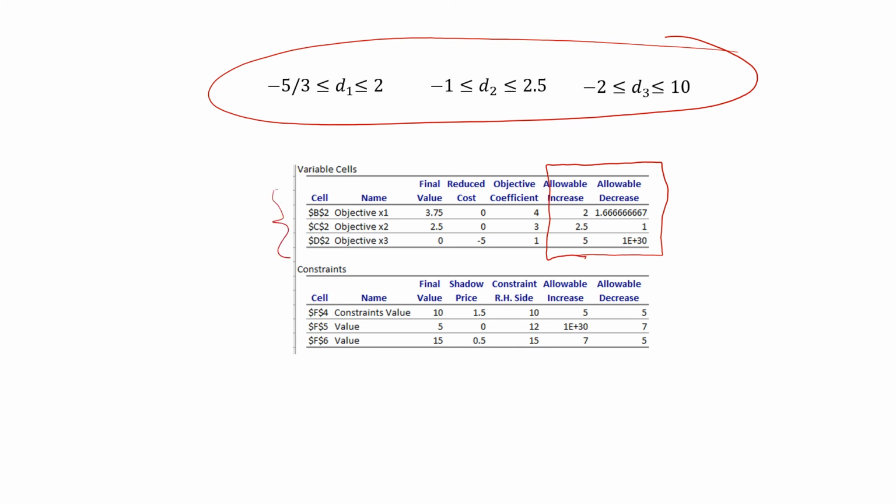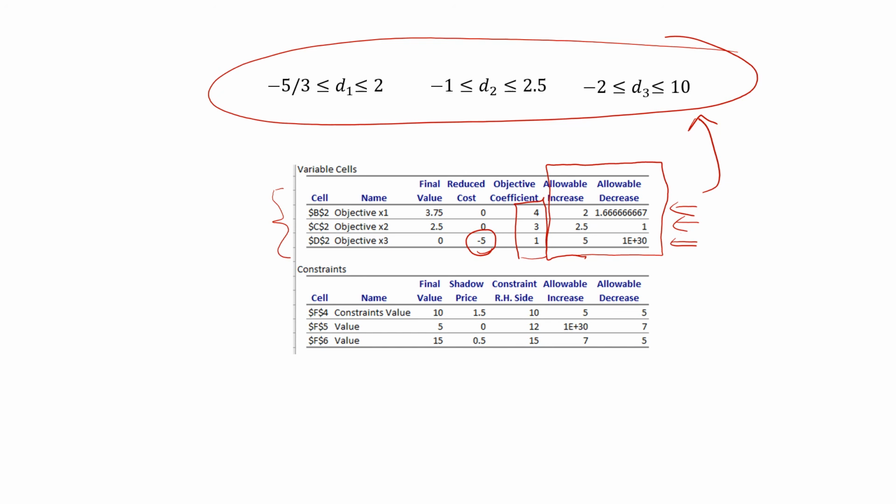This represents our objective values. We have a reduced cost of one of them of 5. And our objective coefficients, that's what we started with. And these give us the exact numbers that we calculated using the tableau for how much we can change one of these values before we have to recalculate.